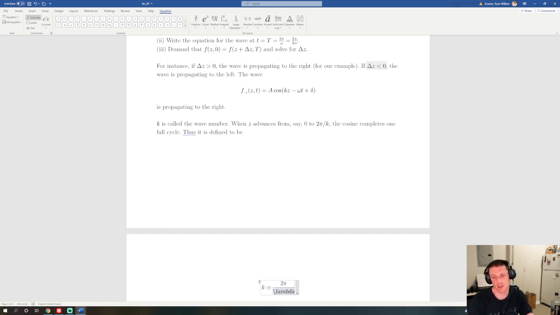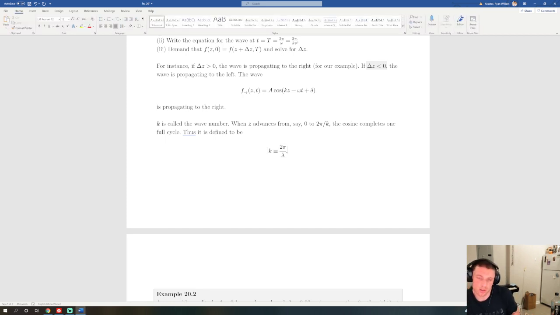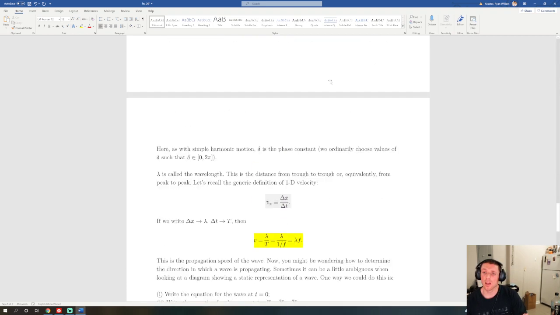Okay, and again, the intuition can be a little bit tricky here, but if you can just remember that it's defined to be 2 pi over the wavelength, that's going to be perfectly fine for our purposes. And let me put this in yellow too, because this is pretty important. Okay, cool.